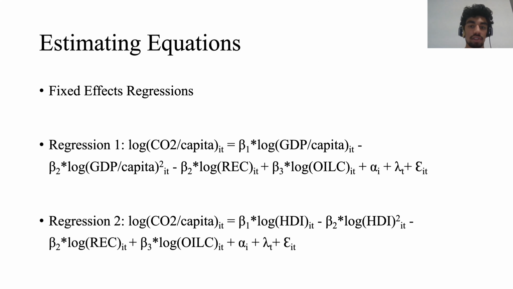And three, it allows us to analyze the effect of our explanatory variables on our dependent variable in terms of a percent change. By logging the variables and looking at the coefficient in my regression results, I will be able to assess what a 1% change in GDP per capita will do to carbon dioxide emissions per capita in terms of percent change.